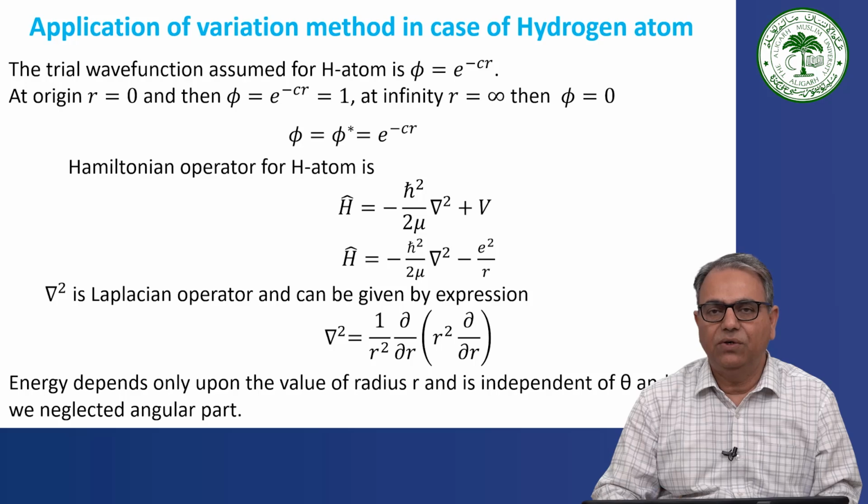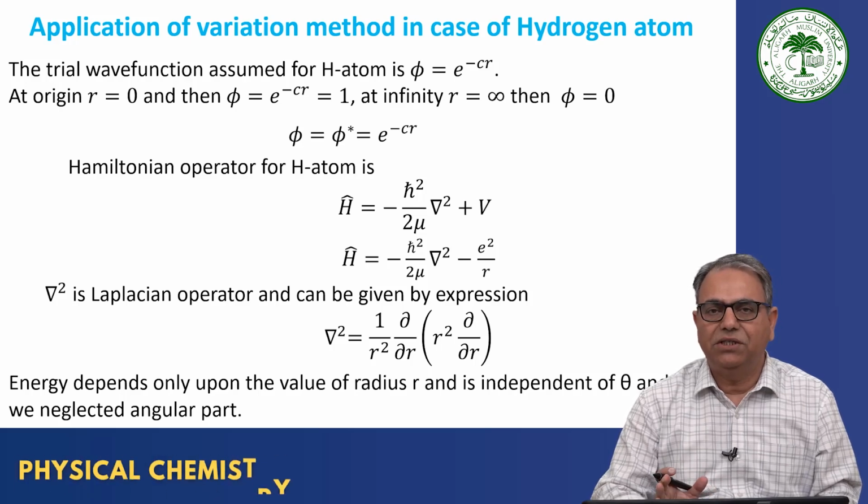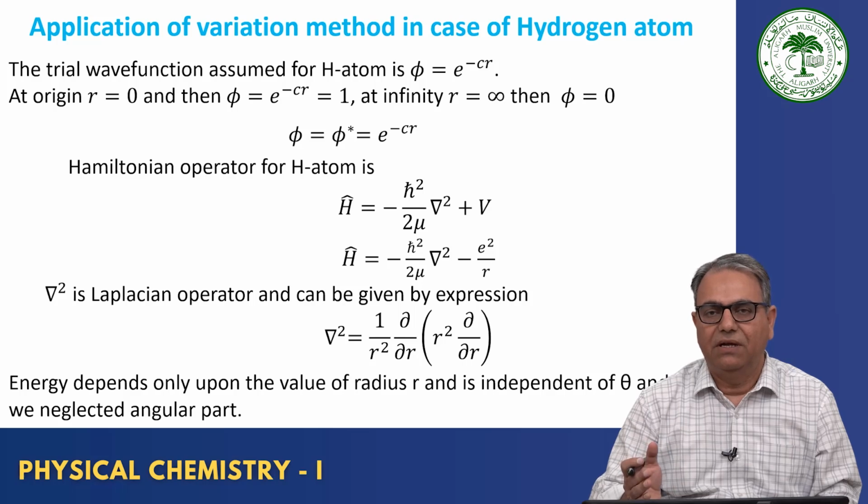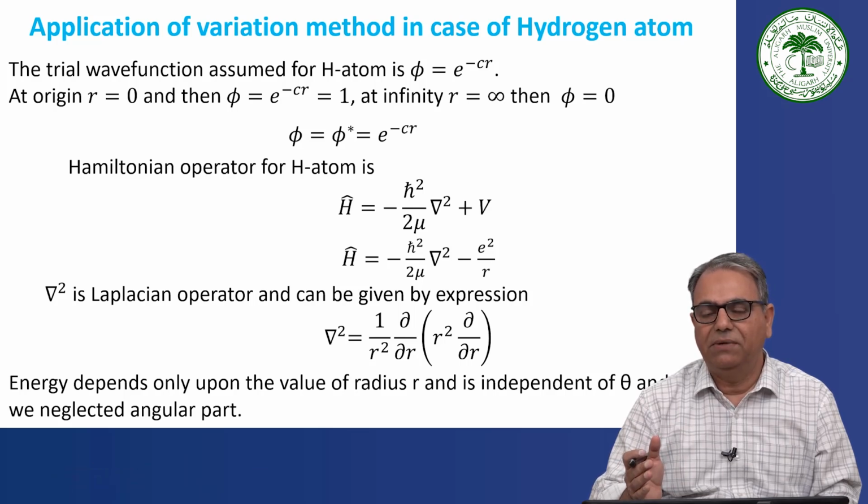For that, if the function is proportional to the variation parameter, then the energy is also proportional to the variation parameter. So first we find the expectation value of the energy, then we differentiate this expectation value with respect to the variation parameter, and we minimize this function and find the value of the variation parameter for the minima.